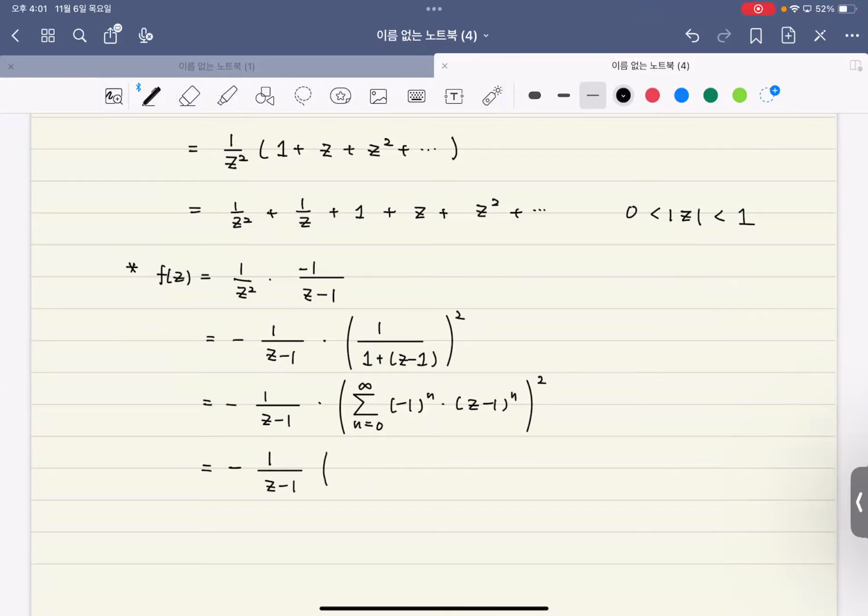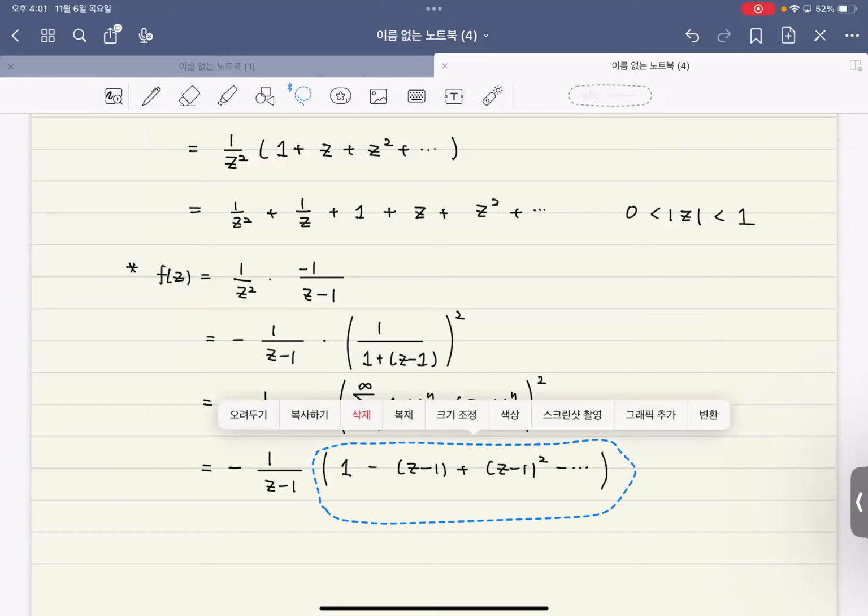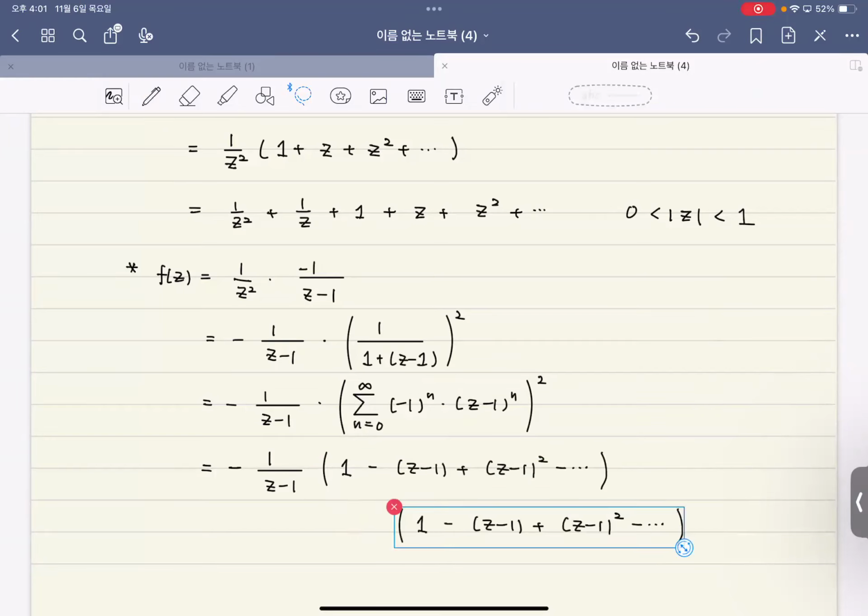So this is 1 minus (z minus 1) plus (z minus 1) squared, times the same thing.